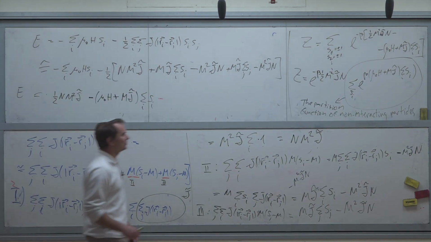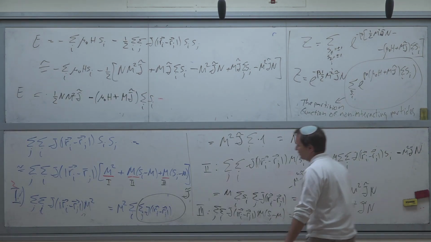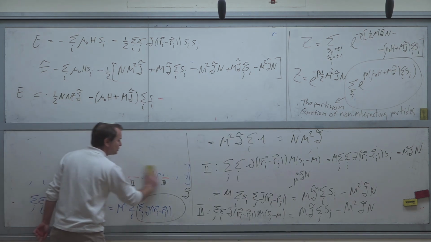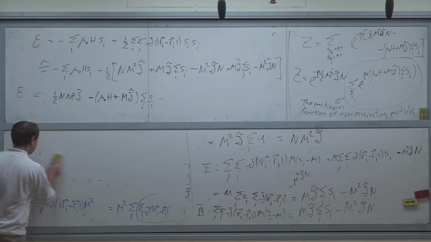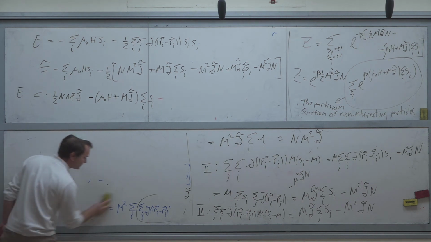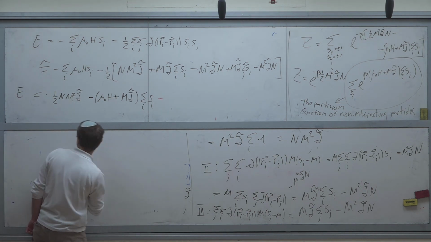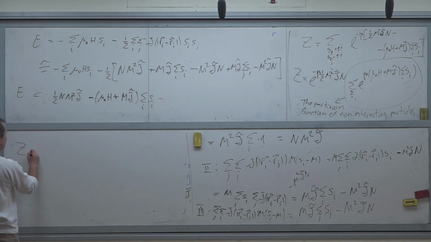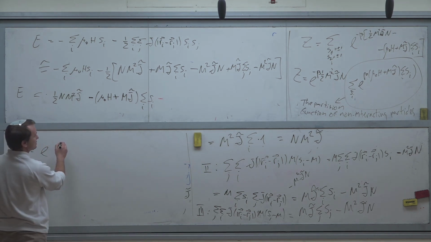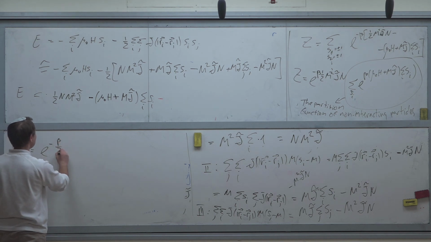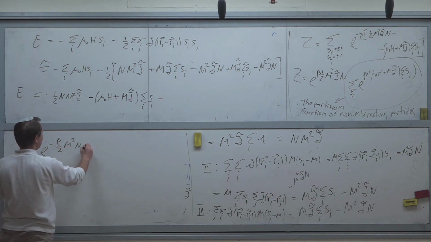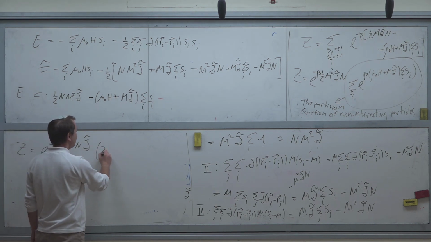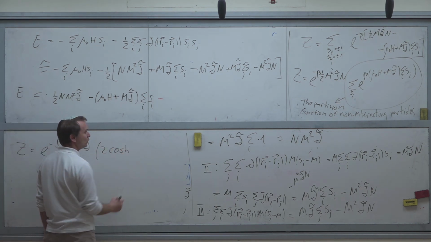What is the solution of the non-interacting case? This is the hyperbolic cosine that we obtained in our last lecture. So Z equals e to the power of minus beta over 2 m squared N J tilde, and here we have 2 hyperbolic cosine.